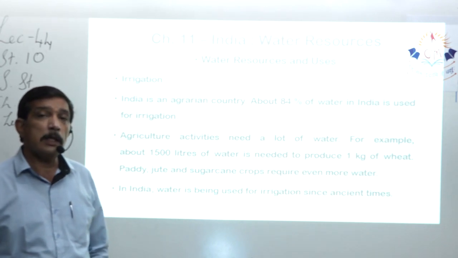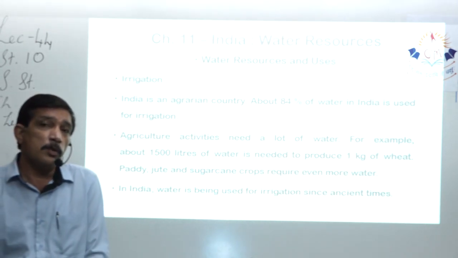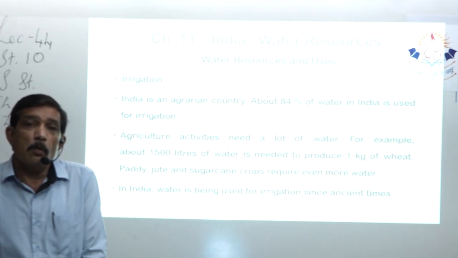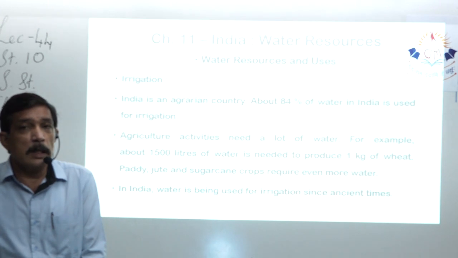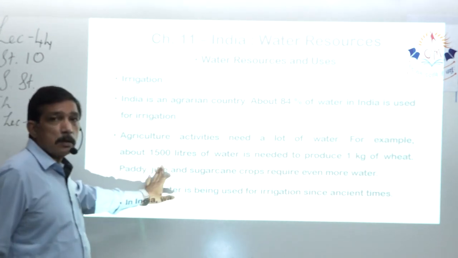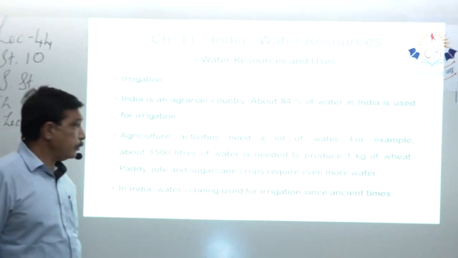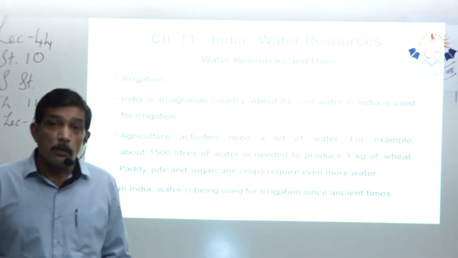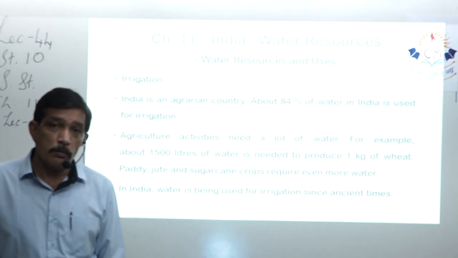I suppose in each of our homes we have some 100 kg or more wheat stored for the complete year. Then this is simply 1500 liters multiplied by 100 kg. That much amount of water was required for the wheat that you have stored at home.